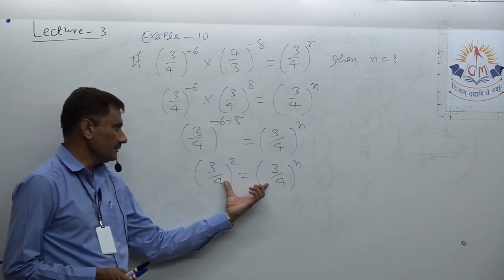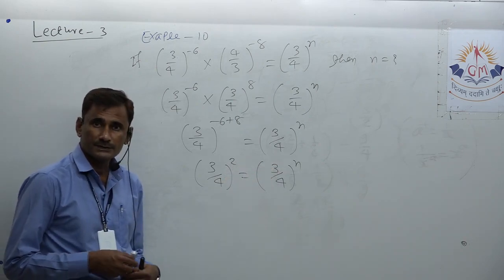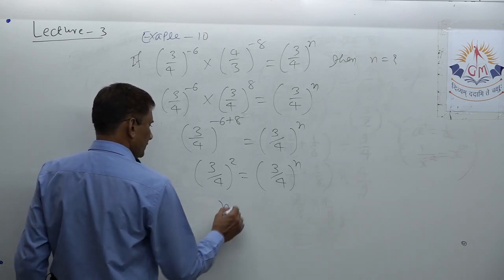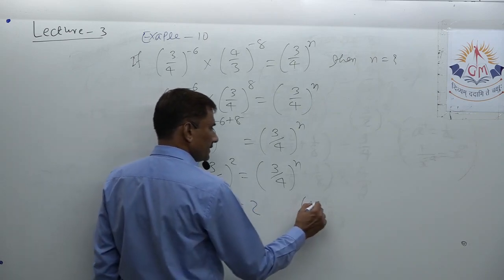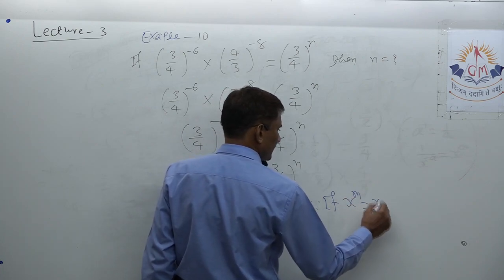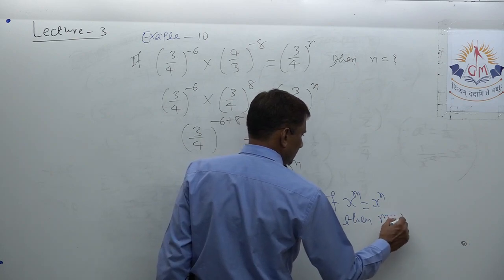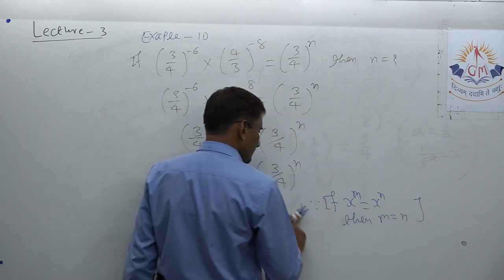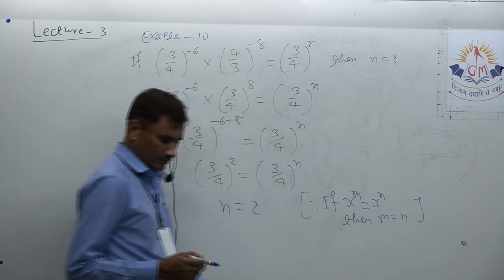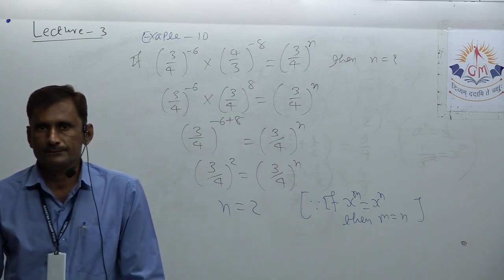Now bases are equal and equality is there, so you can compare exponents. Okay, so you can say n equal to 2. Why? Give reason. If x raised to m is equal to x raised to n, then m equal to n. So we apply here this result. Okay, so whenever necessary, you give reason also in a bracket.